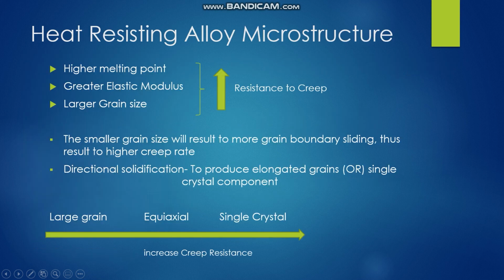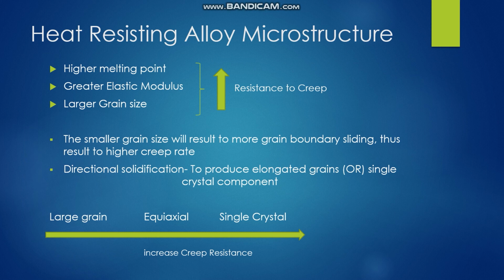After knowing what creep and mechanism are involved, we can see how it correlates to the type of alloys that must be chosen for a certain application. In general, to increase the resistance to creep, we can choose material that has high melting point to reduce the effect of creep or even avoid creep.